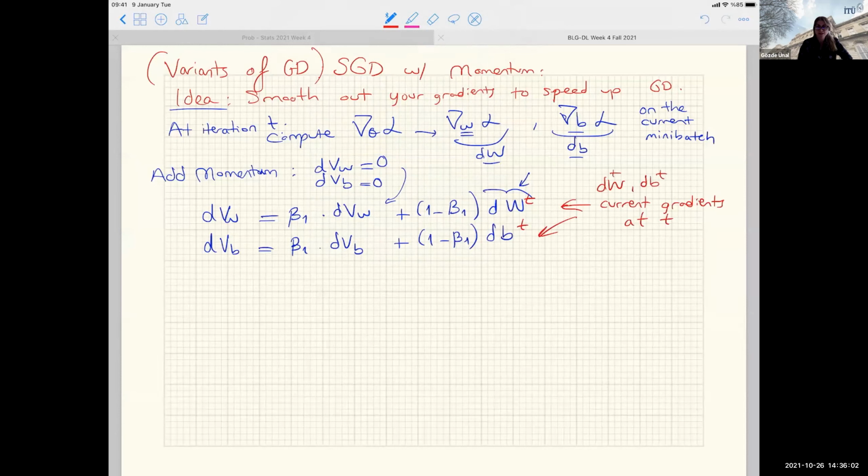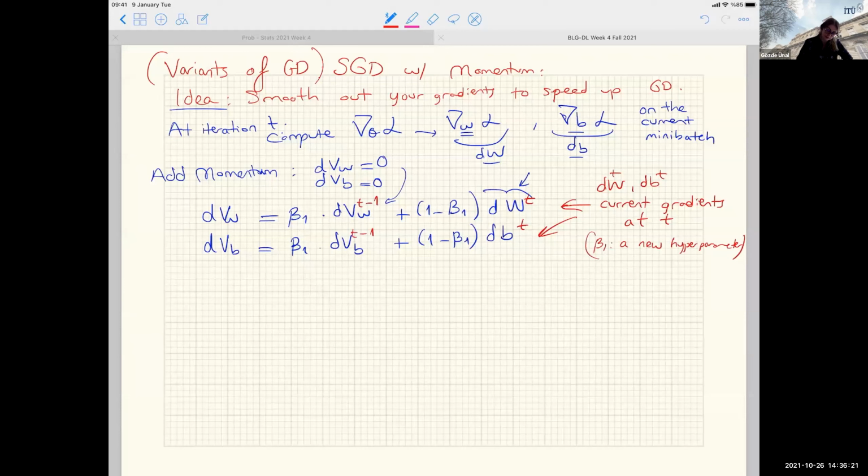By the way, beta is a new hyperparameter. I said beta 1, okay, beta 1, a new hyperparameter, as you can see, right? Now, these are the previous gradients.